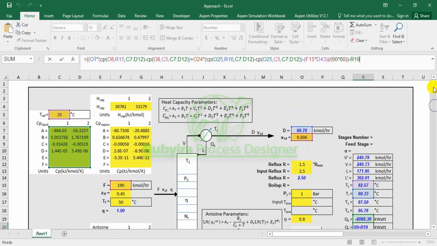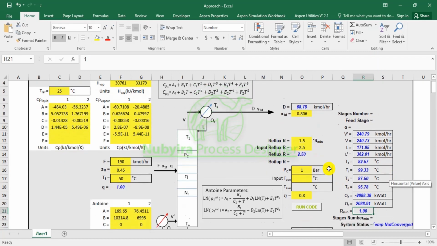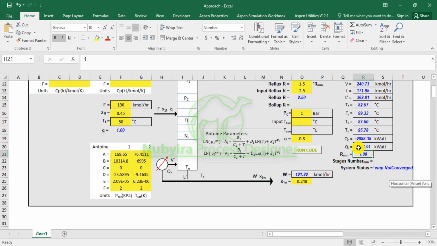So then change it to per second and subtract the Q condenser from the equation. So that's it. We have the energy of the condenser and the energy of the reboiler done.